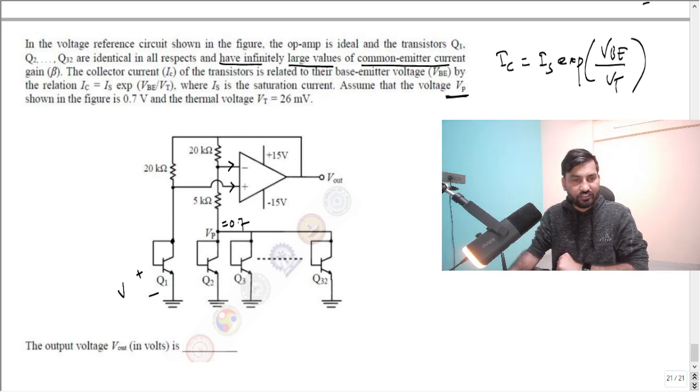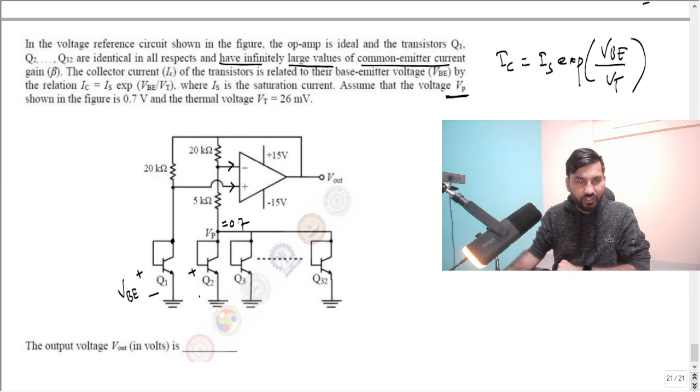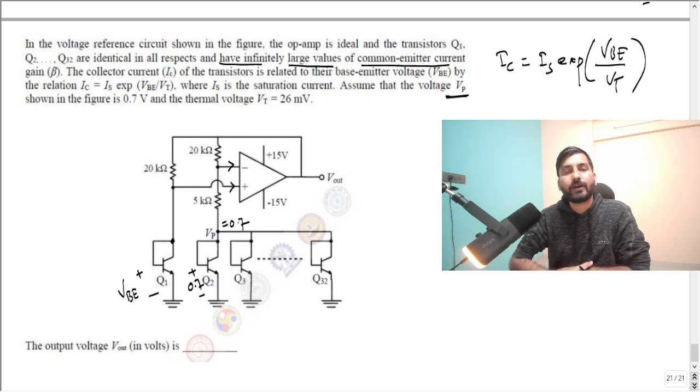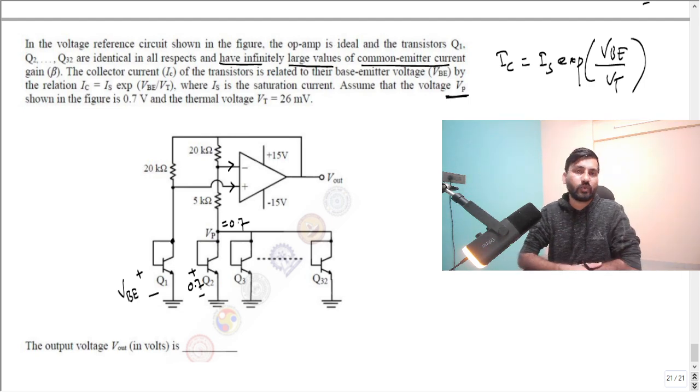You can consider this voltage as VBE. You don't know what the voltage across this is; they must specify whether it is 0.7 or something else. Here it is given that this voltage is 0.7, but this other voltage, across the very first transistor, is not given in this question, guys.